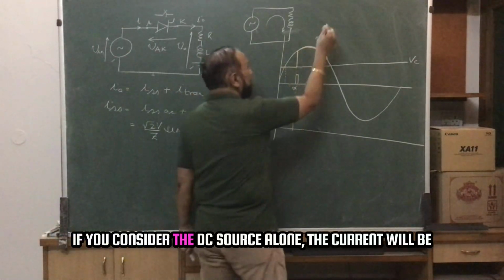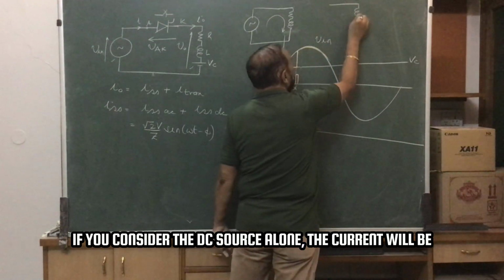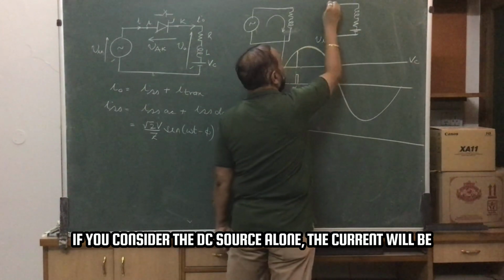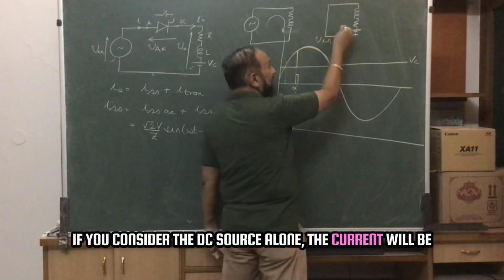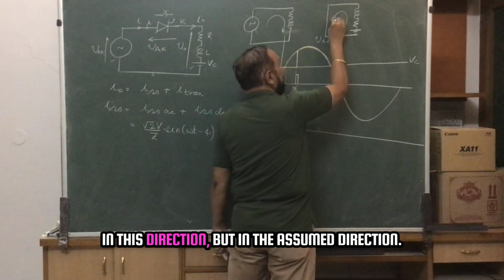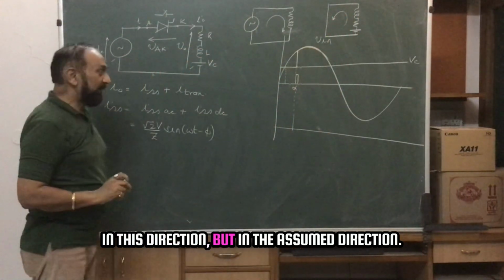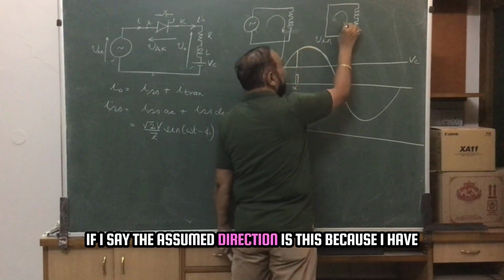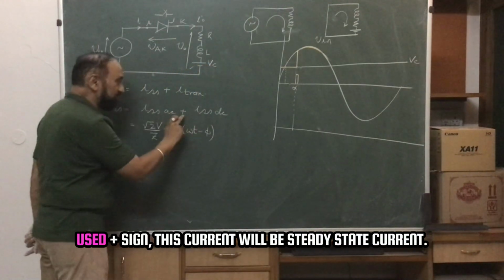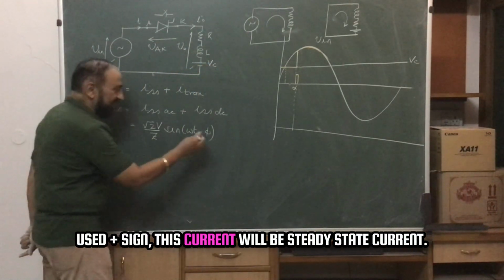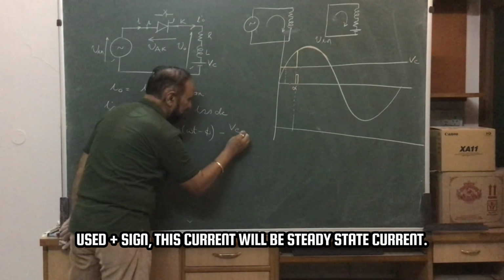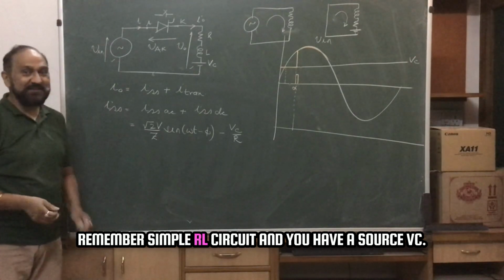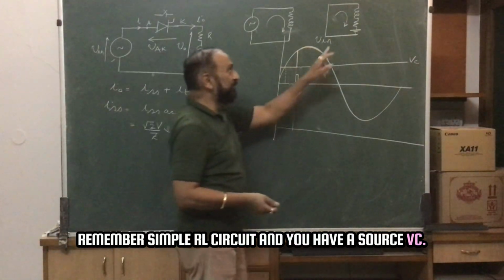If you consider the DC source alone, the current will be in this direction, but in the assumed direction, because I have used the plus sign, this current will be the steady state current, remember. It is a simple RL circuit and you have a source VC.